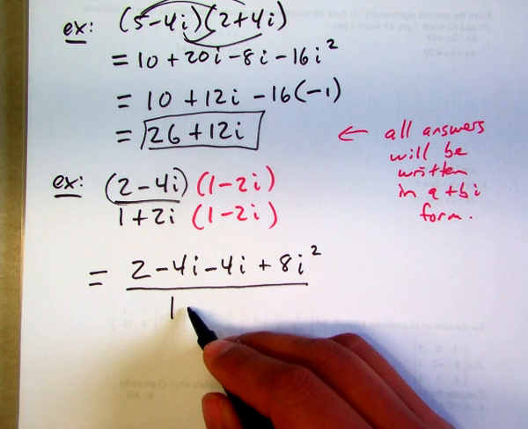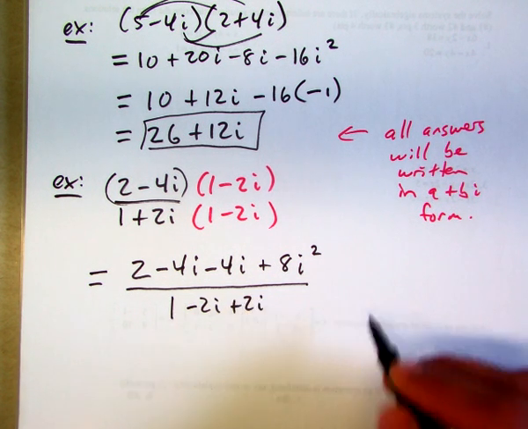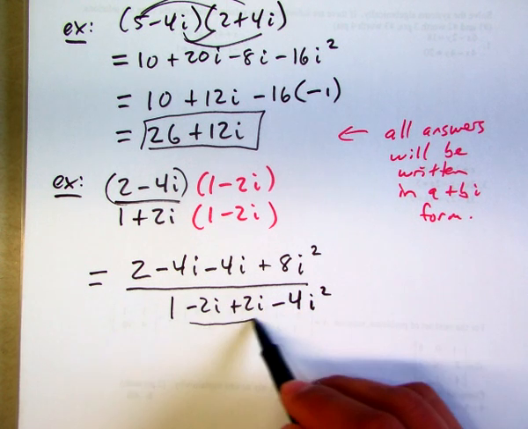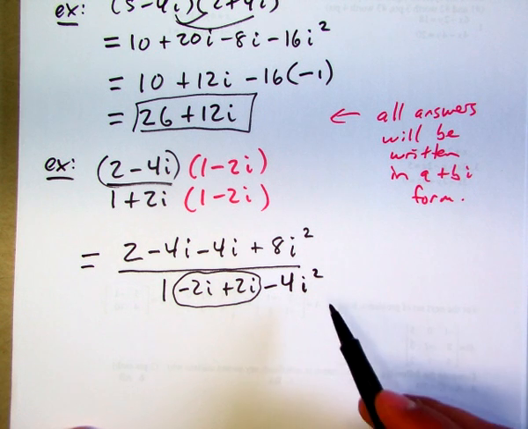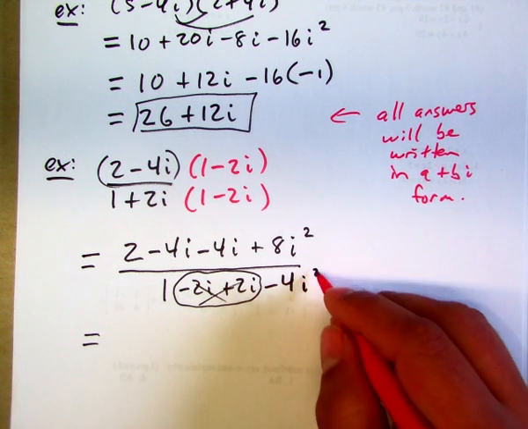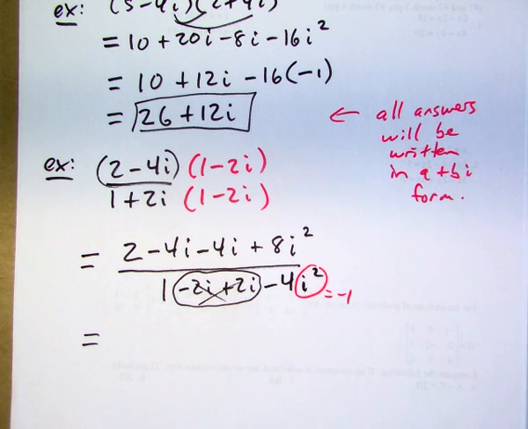And I'll only do this once. Minus 2i plus 2i, right? Minus 4i squared. These are always going to cancel when you're doing conjugates, so you don't have to do that step. And now, what is i squared equal to? So let's clean everything up as much as possible.